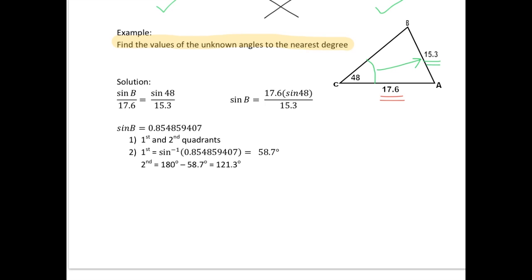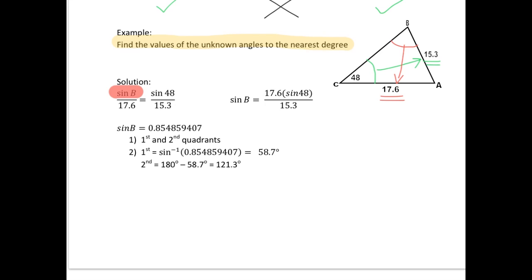So we use our sine rule as normal to work out our first angle, and the one we're going to work out is B, since we're given its opposite side. So we use our sine rule as normal by placing the thing we want, which is B, on the top left of our equation, and then we try to work out what B is.